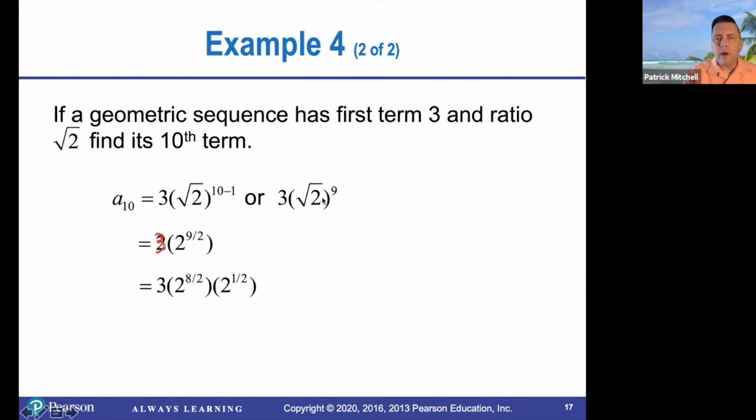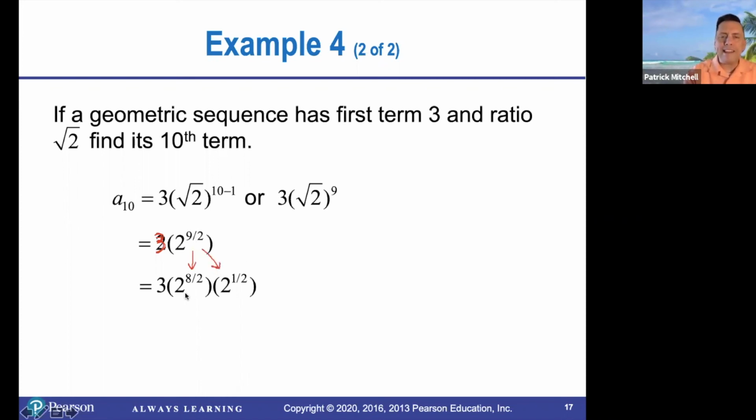All right, so they've rewritten the square root of 2 to the power 9 as 2 to the power 9/2, because the square root of 2 is the same thing as 2 to the 1/2. And then they multiplied the exponents. Now they're simplifying 2 to the power 9/2 by breaking it into 2 to the 8/2 and 2 to the 1/2, because those exponents can be added together.